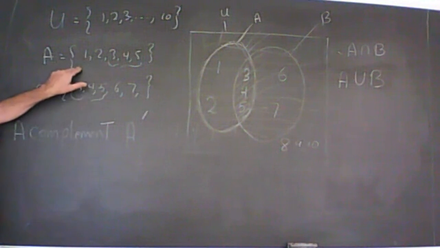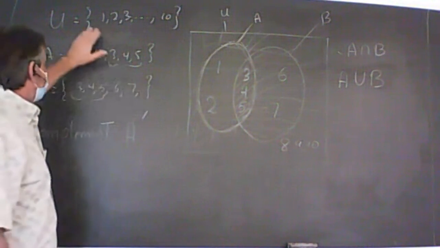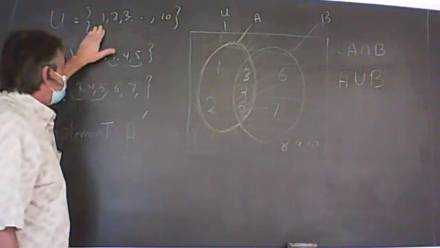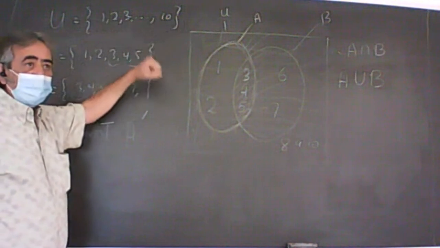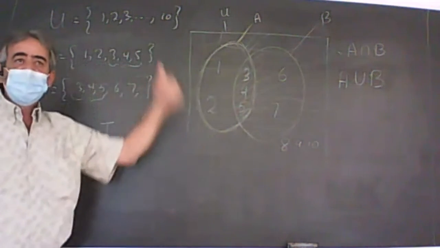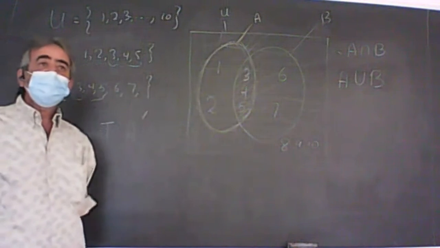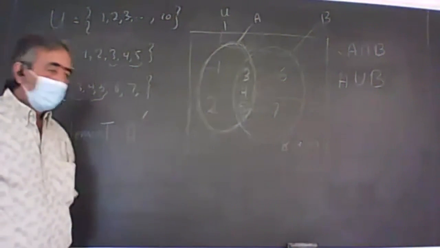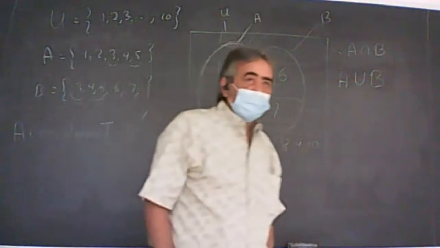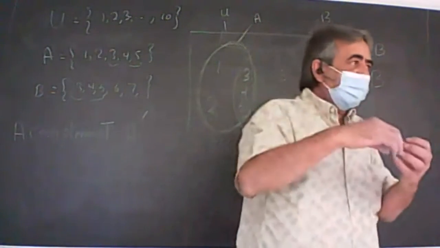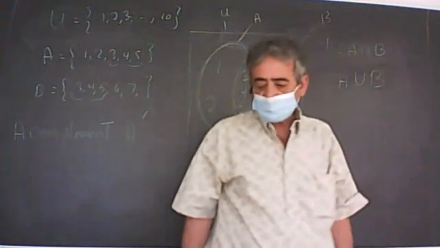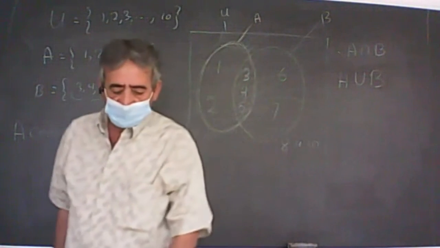So if I look at this, what's A prime? If I look at the universal set, that's from 1 to 10, I need to exclude 1, 2, 3, 4, 5. So what's left? 6, 7, 8, 9, 10. Yeah? So when you have the word prime in there, that is a complement. Yes? Not the set, but everything other than that. Clear? Any question on that?